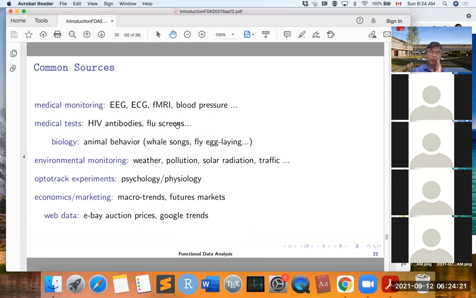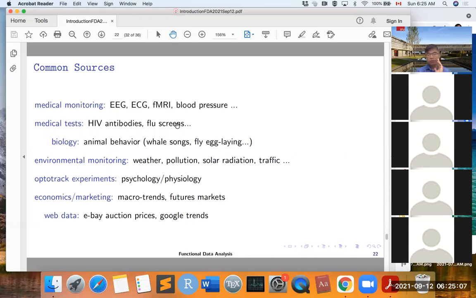Some common sources of functional data: it can come from medical monitoring, like EEG data, or medical image data, like fMRI data. It can also come from biology, like the population of animals, which can be viewed as functional data.